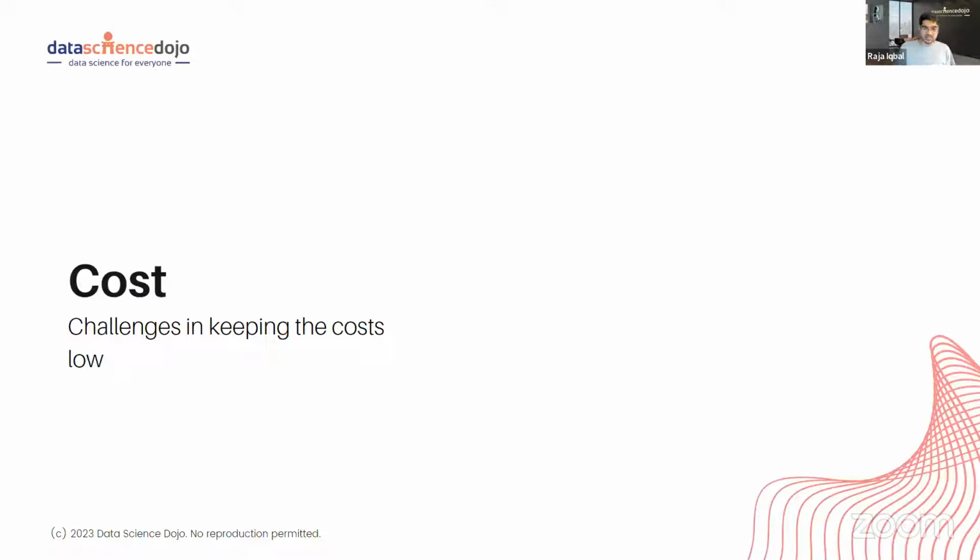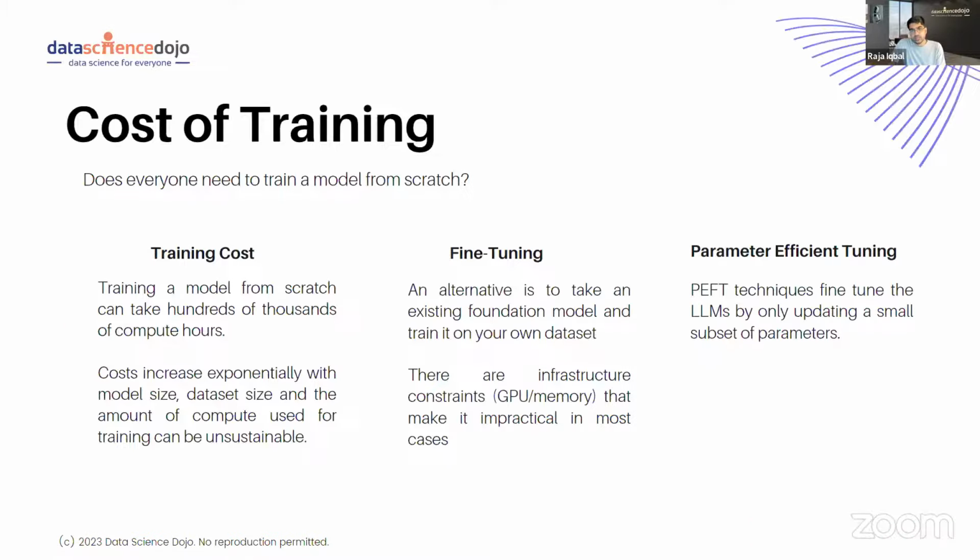Now, let's bring it on, right? So if 4K does not work, bring in 16K, and then if 16K does not work, bring in 32K, right? So big deal, right? Yes, it is a big deal, because first of all, if you're training a model from scratch, there is an exponential increase in cost.